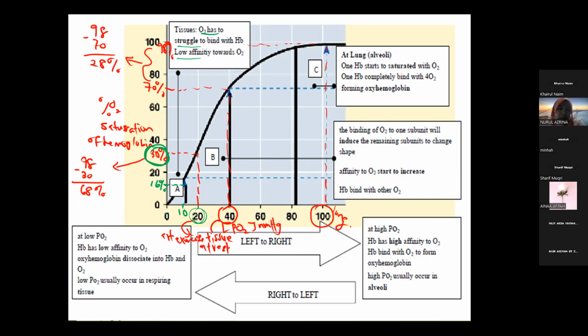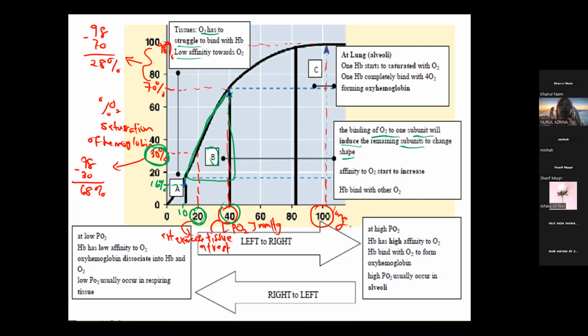Macam tu. Right? But what happens when you increase daripada 20, pergi 40? Why is it different? Nampak tak kat sini? Kawasan B ni. A little bit of slope over here. You can see the binding of an oxygen molecule to one subunit will induce the remaining subunits to change their shapes.